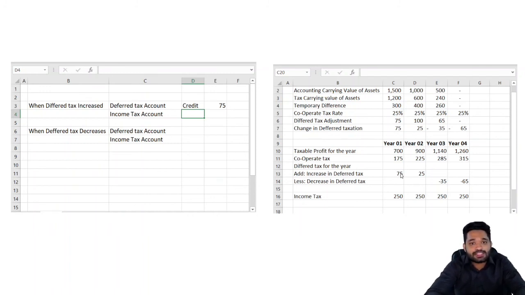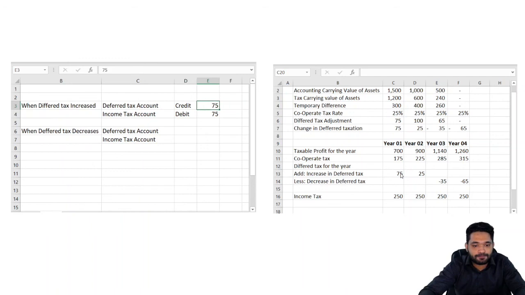So your expense is increasing, which means you need to debit it, so you'll be debiting it by 75. Okay, so in the second year, you will be debiting your income tax account by 25 because that's the increase, and your deferred tax account would get credited by 25.